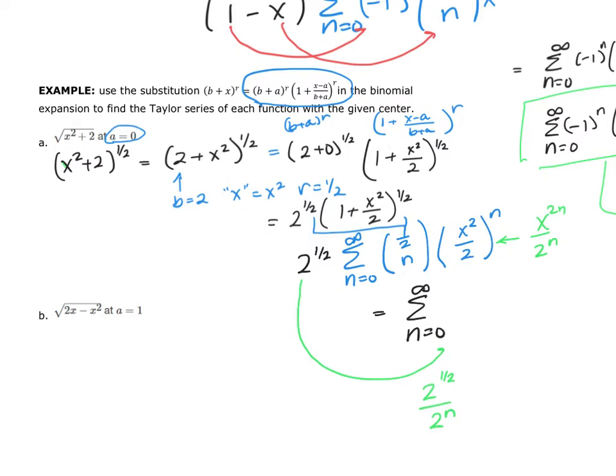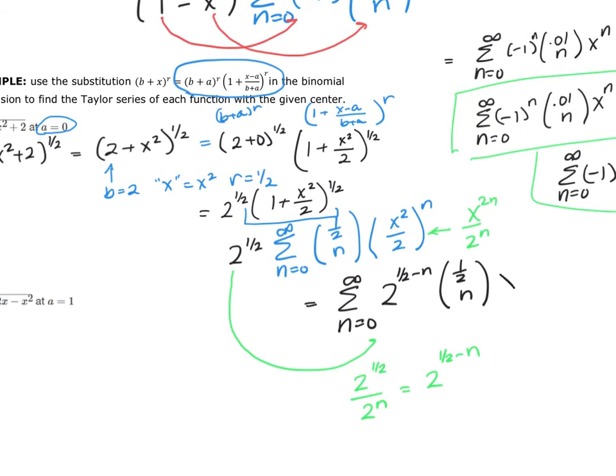Now using the rules of exponents, this is 2 raised to the 1/2 minus n. Okay? And I can write it as a single fraction, but I'm just going to leave it like that. So this is going to be 2 raised to the 1/2 minus n, 1/2 choose n, x raised to the 2n. And that's my final answer.